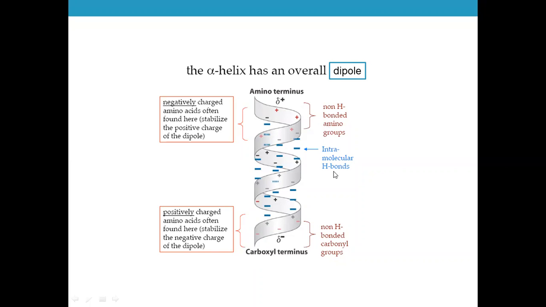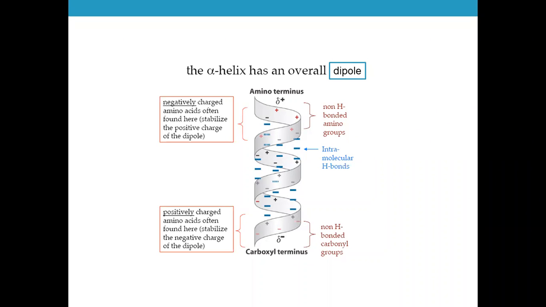I have already mentioned that there is intramolecular hydrogen bonding. You have hydrogen bonding every 4 bonds. That hydrogen bonding arises from the dipole, with a net charge due to the electronegativity of some atoms.